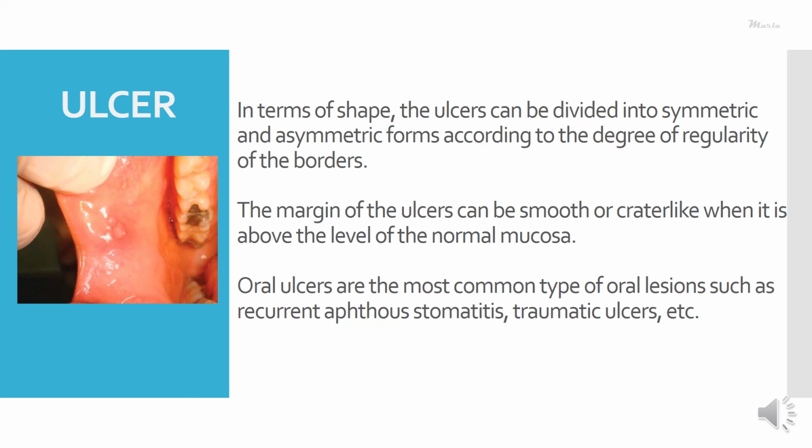The margin of ulcers can be smooth or crater-like. Knowledge of this symmetry and margins will help us identify whether they are benign, reactive or malignant. Commonly in the oral cavity, we can encounter traumatic ulcers or recurrent aphthous stomatitis. We will be discussing these topics in detail in a future chapter.